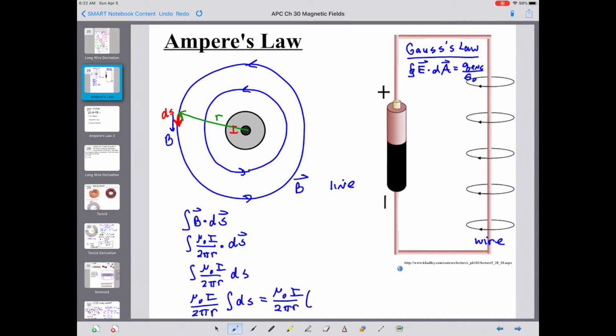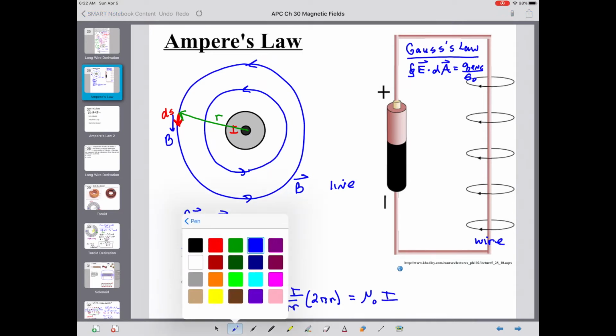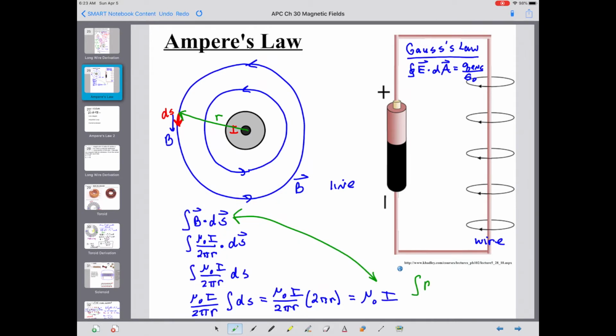So mu naught I over 2 pi r multiplied by the length of s, which is 2 pi r. Obviously our 2 pi r's divide out, and we're left with the expression mu naught times I. And so then Ampere's law: integral of B dot ds is equal to mu naught times I.